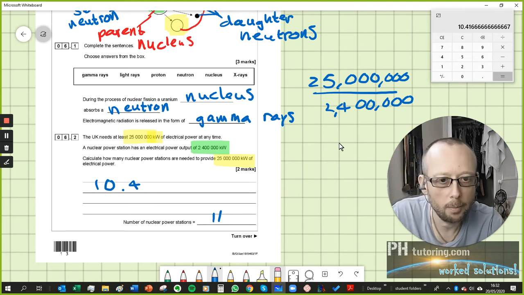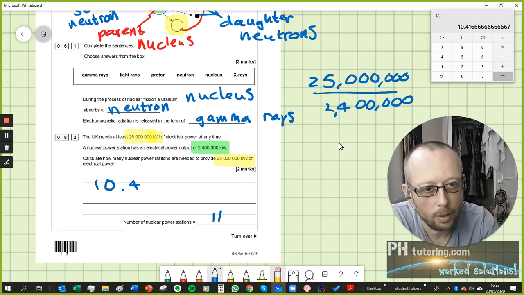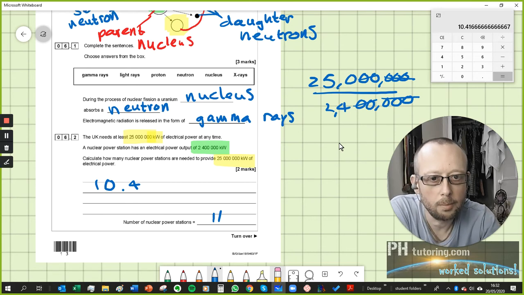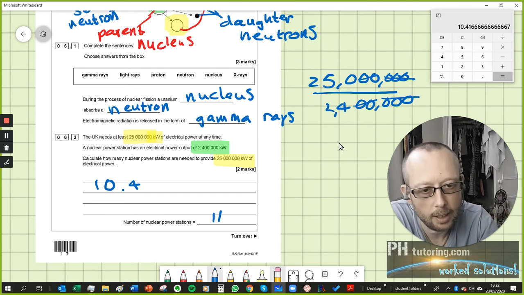So first of all, let's cross off 3 zeros at the top and 3 zeros at the bottom, and then we'll cross off 2 zeros there and 2 zeros there. And we can say that 24 is roughly the same as 25. So roughly we're expecting an answer around about 10, because it's around about 250 divided by around about 25, which would be 10.